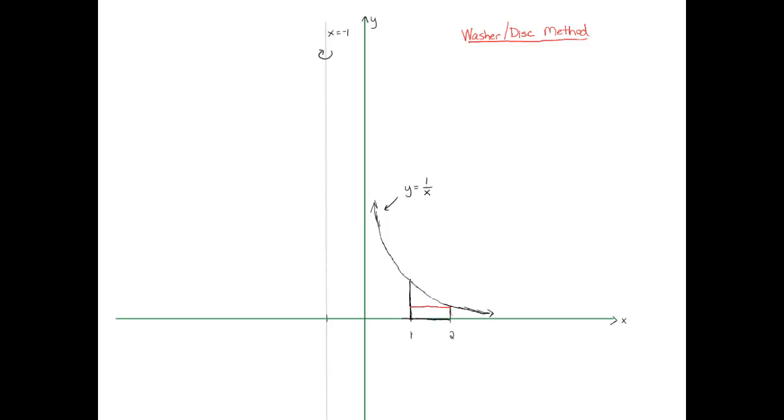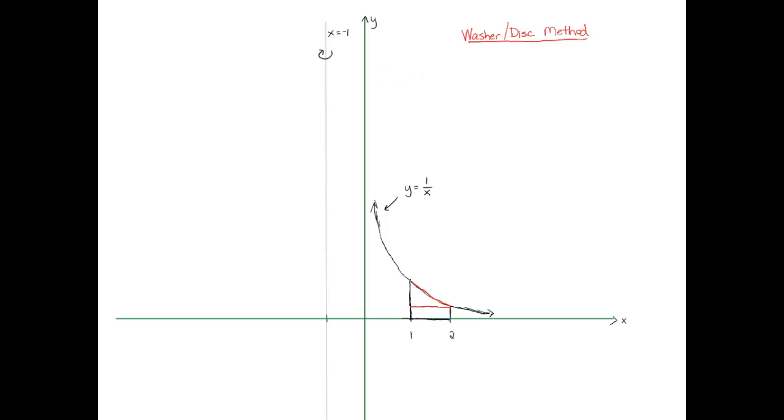We'll have an outer radius of 3 and an inner radius of 2, and we'll talk about that in a moment. Then we'll start back up on the other side of this red line, with an outer radius defined by this function here, and the inner radius defined by 2 again. So let's go ahead and do that.